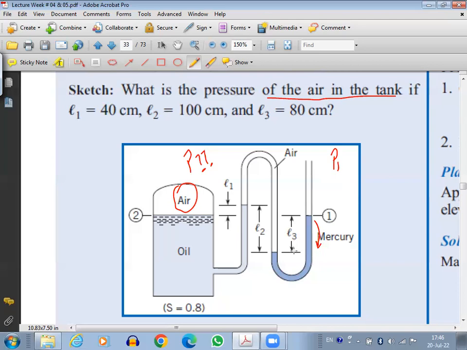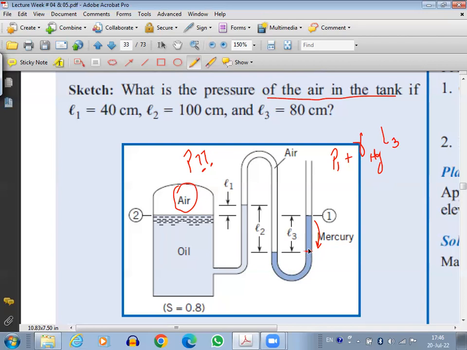L3. Until I reach at this point. So it will be P1 plus, because I'm moving down, gamma of mercury, gamma of Hg into L3, right?